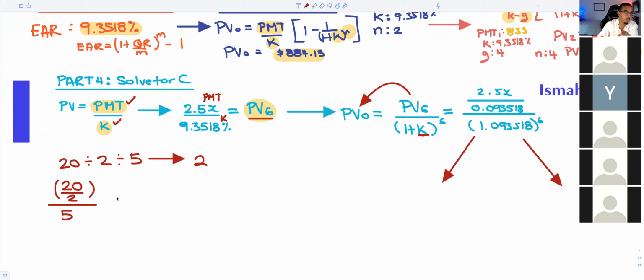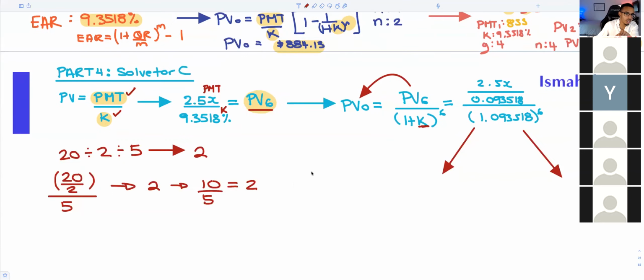It would have given you the same thing, okay? This would have given you 2 as well, right? Because you would have had 10 divided by 5, that would have given you 2. So we can all understand that these two are synonymous. Is that true? Yes or no? Is that clear to everybody here?